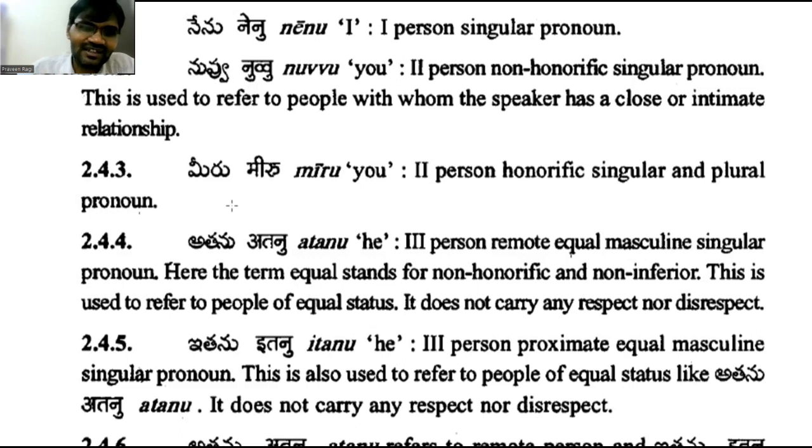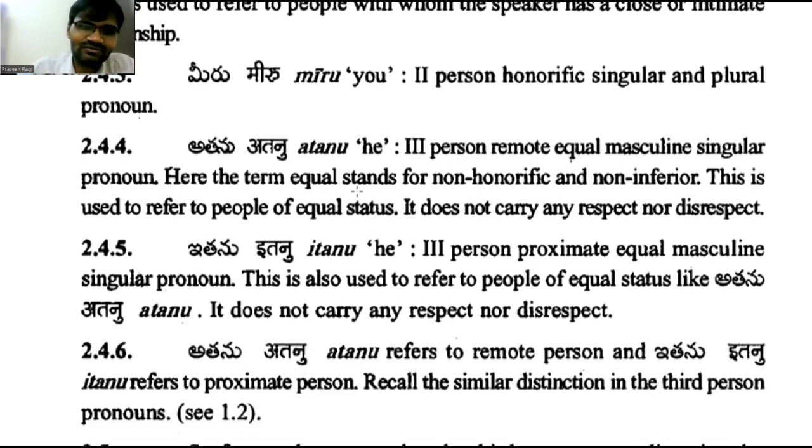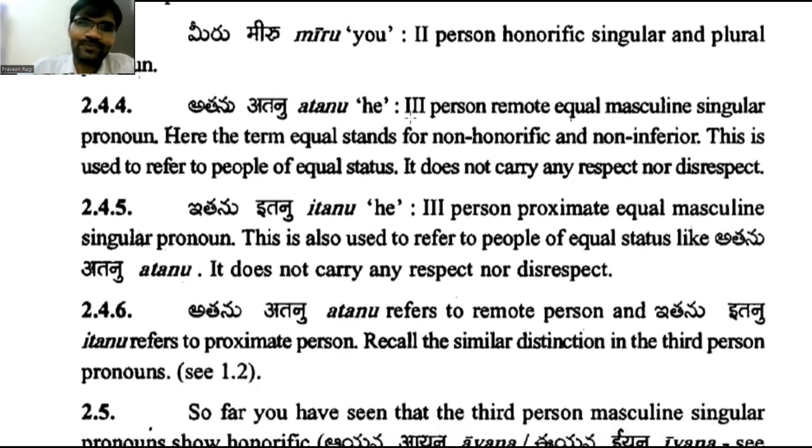Okay. The next one is atanu. Third person remote equal masculine singular pronoun. So instead of telling all these things, if I say wah, you will easily understand. Here the term equal stands for non-honorific and non-inferior.